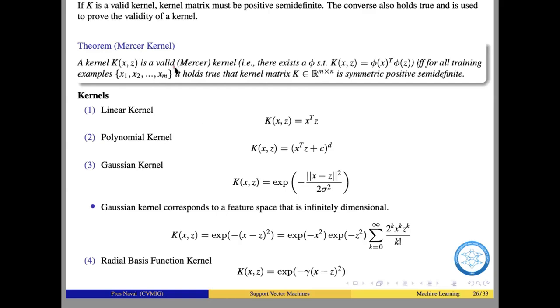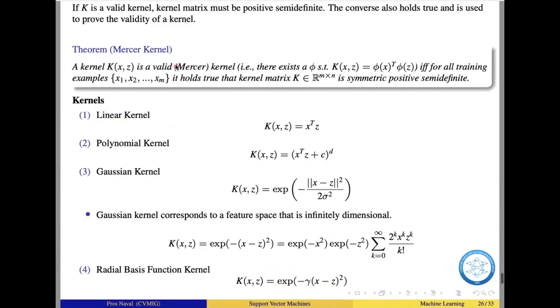So what is this trying to say? Why do we want a Mercer kernel? Or why do we want our kernel to be symmetric, positive, semi-definite?